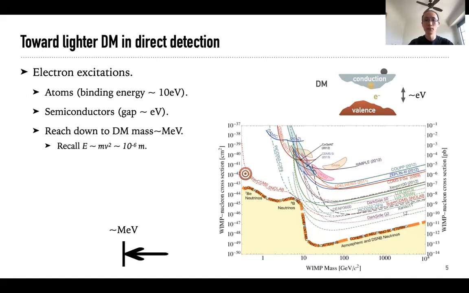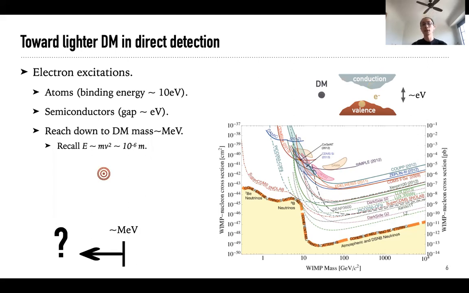To give you some numbers, suppose we're sensitive to energy depositions on the order of electron volts, and recall that the kinetic energy carried by the dark matter is about 10 to the minus 6 times the dark matter mass, because the velocity is 10 to the minus 3. This means we can reach down to dark matter masses of order MeV. So we're pushing the reach significantly to the left in this plot.